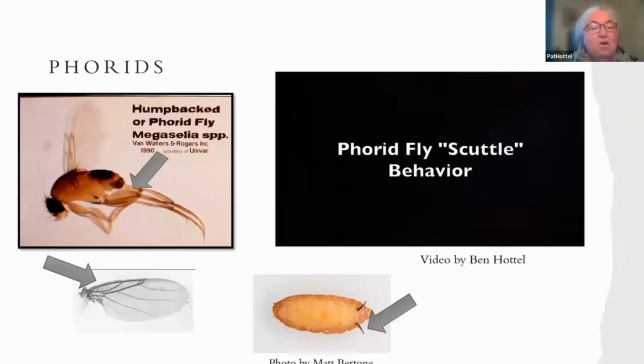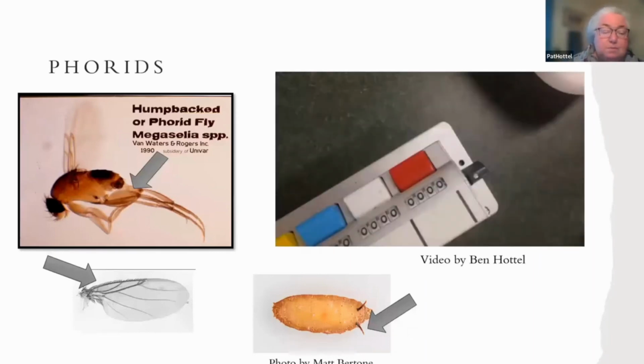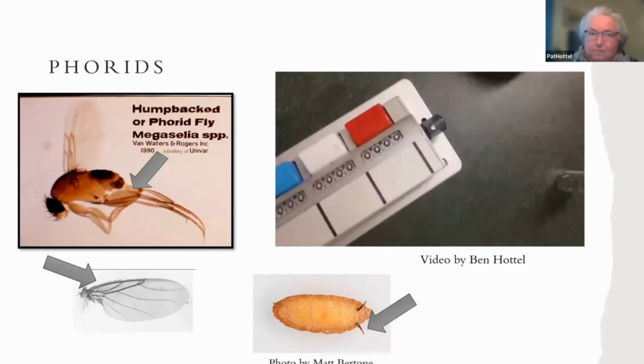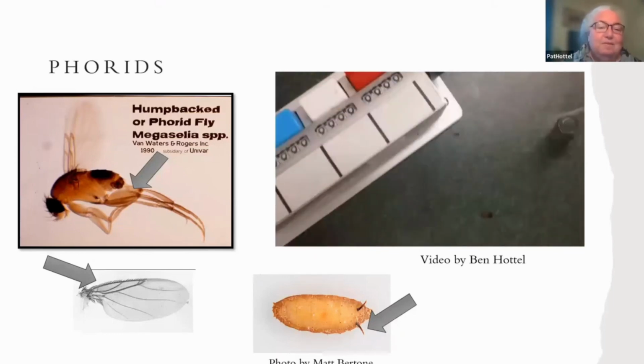Okay, so phorids. Again, this is multiple species. There are two common species that we see mostly in structures, but there's more than one phorid possible.